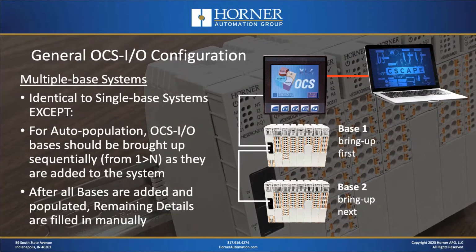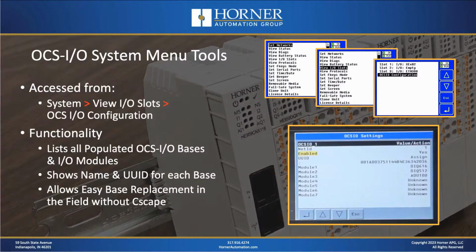You will effectively add your base and auto-populate that base. Once that's done, you'll add the next base and auto-populate that one. When you're done adding your last base, then you go back and fill in those details. So very similar. The only difference is you bring up one base at a time in the order in which you want them to be numbered.